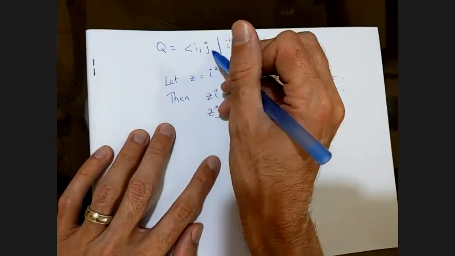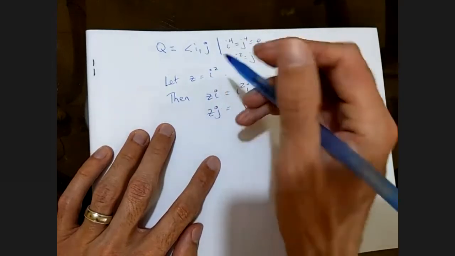So whatever combinations of I's and J's I write down, Z will commute with all of them.